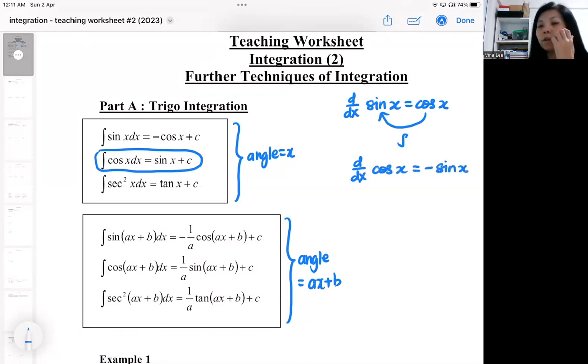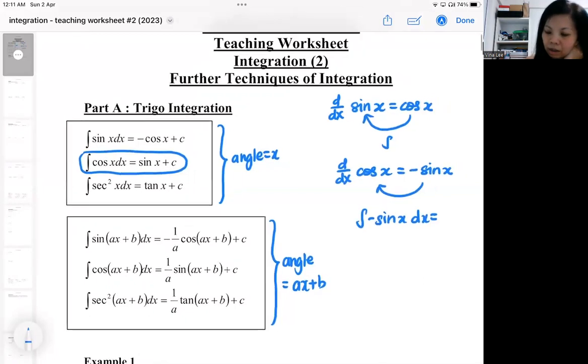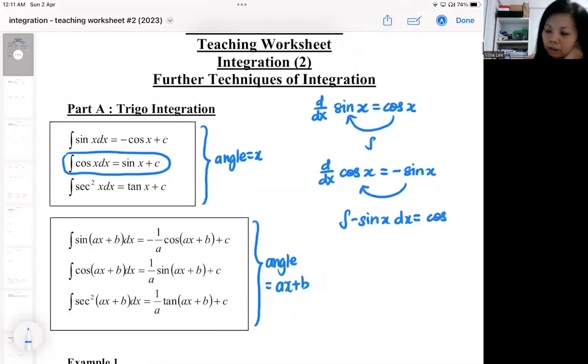Okay, so differentiate cosine, we know there is a minus sign. That's why if I'm going to integrate back, integrating my minus sine, I will get back my cosine. So if I would like to isolate just the sine x, the negative one will be divided over.